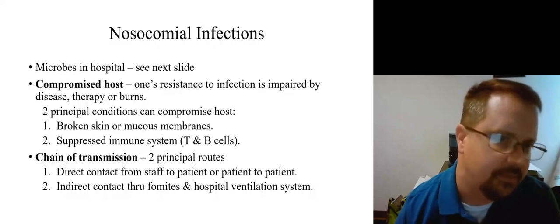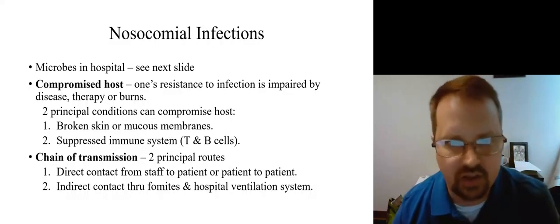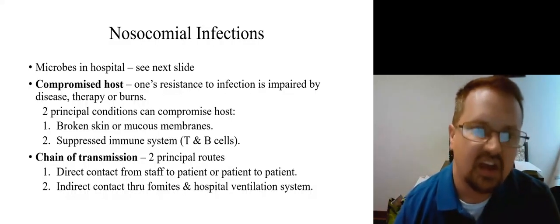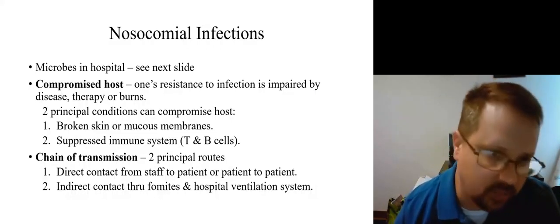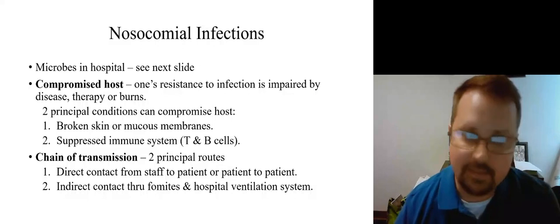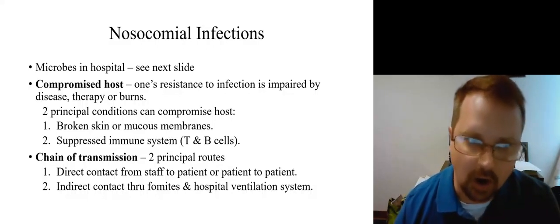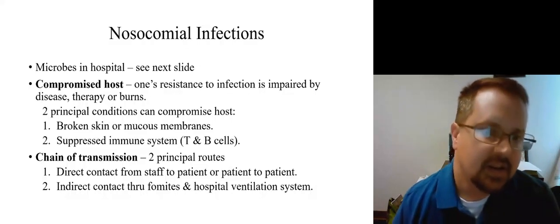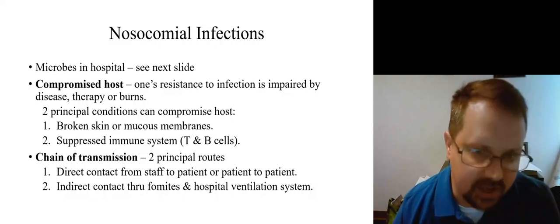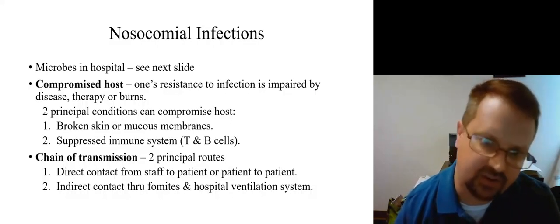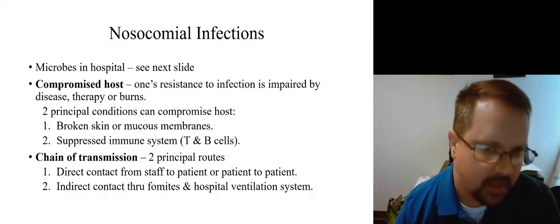Some ones we'll see. But a compromised host is impaired by disease because they are sick. That's why they're in a hospital. Chemotherapy, for example, or other kinds of therapies, or they have burns, and broken skin or mucous membranes, and a suppressed immune system, like T and B cells are suppressed.